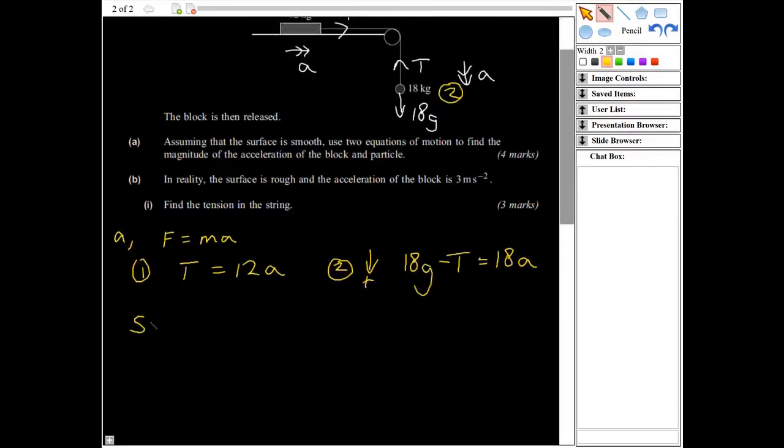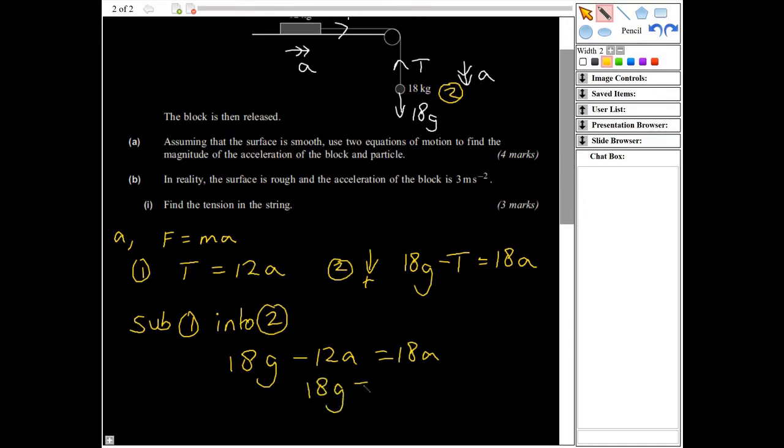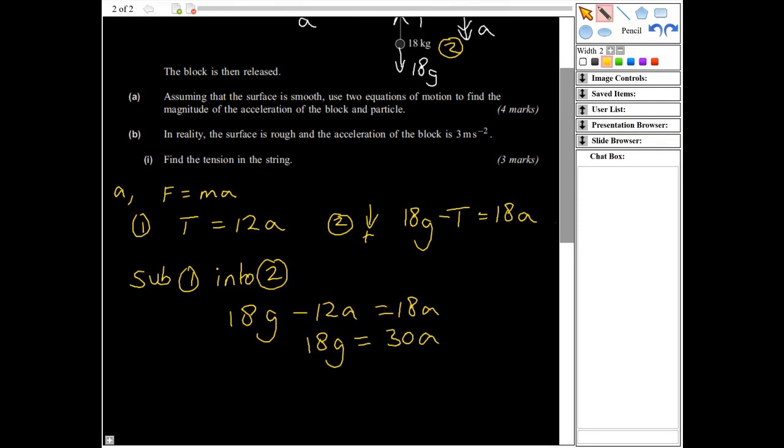So substituting into 2, I'm going to get 18g minus 12a is equal to 18a. Then I can add the 12a to both sides, so I'm going to get 18g is 30a. So then a is going to be 18g over 30. And I can divide that by 6, so I'm going to get 3g over 5.